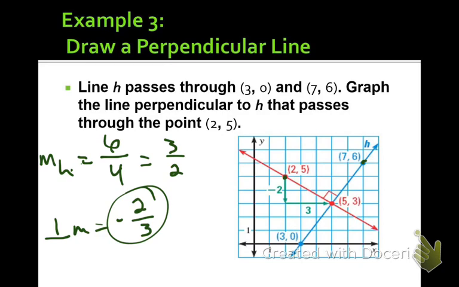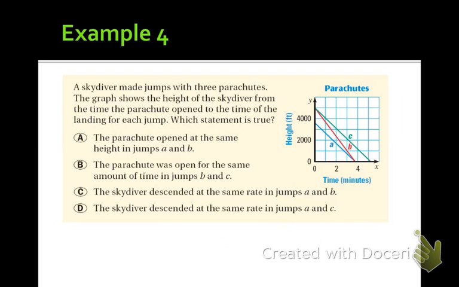Since the rise is -2, you can drop down 2 and then run to the right 3, and that gets you your next point. Draw your line through those two points, and you've got a perpendicular line. Make sense?